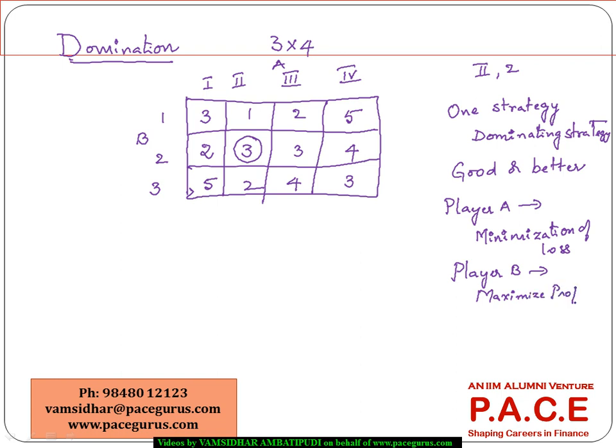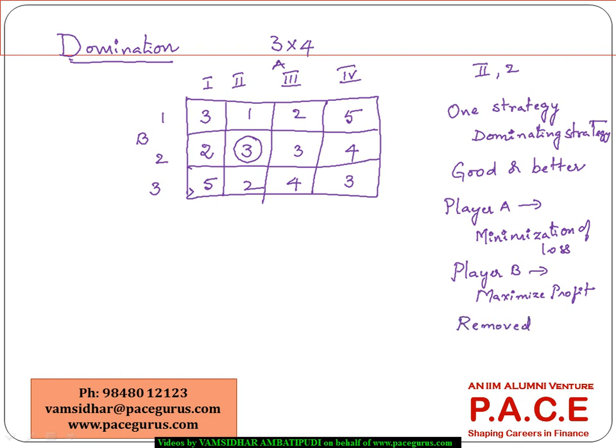Now, what I have to really see is if there is any strategy of A which results in the minimum loss in all the cases, irrespective of what B takes. Then we call that kind of strategy the dominant strategy, and the strategy that is getting dominated can very well be removed.